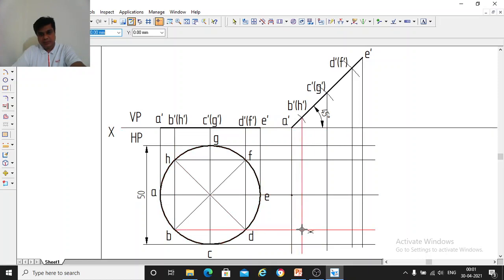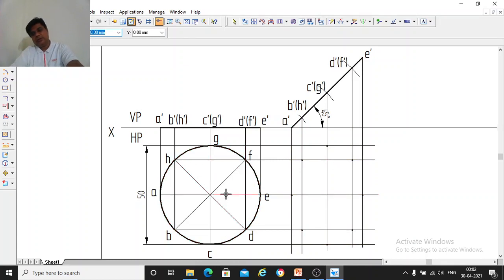So this is the new point B. Similarly C, C dash. This is C. Then D, D dash. Then E, E dash. F, F dash. G, G dash will be here. Then H, H dash will be here. So you get the same 8 points here now.